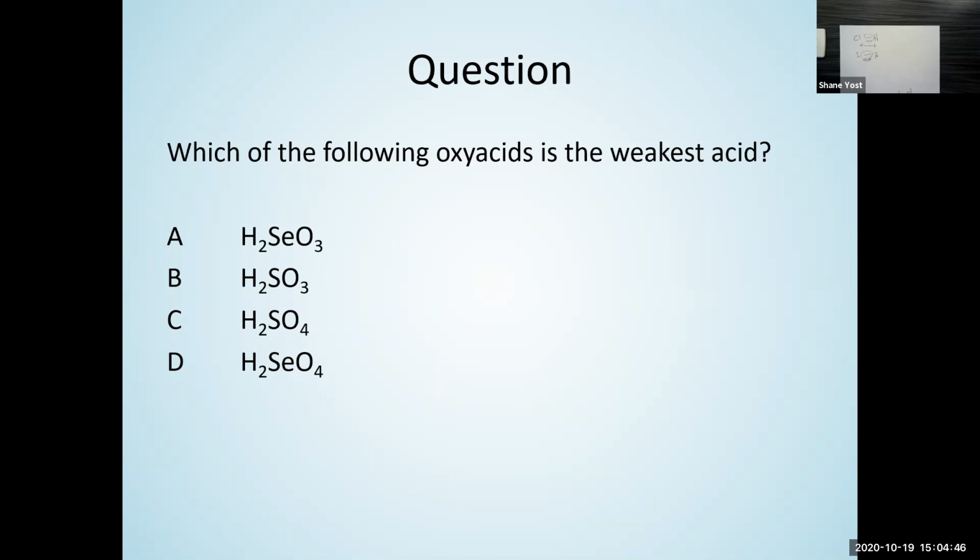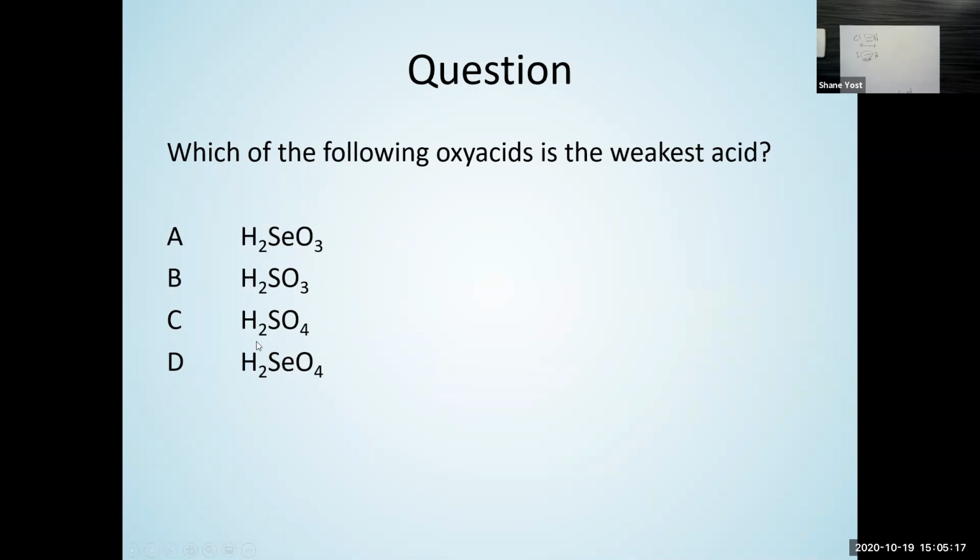That sulfur is the central atom, and so I have a different number of oxygens, and the compound with more oxygens is going to be the stronger acid. So H2SO4 is the stronger acid out of H2SO4 and H2SO3. Let's just finish it up. Compare A and D here. H2SeO4 is going to be a stronger acid than H2SeO3, okay?